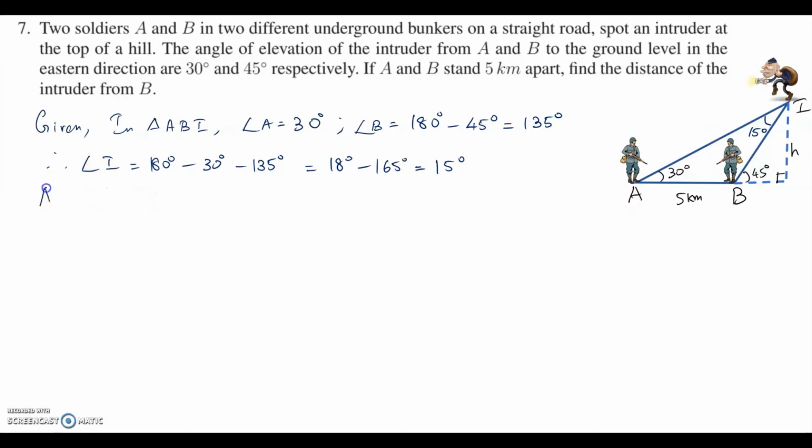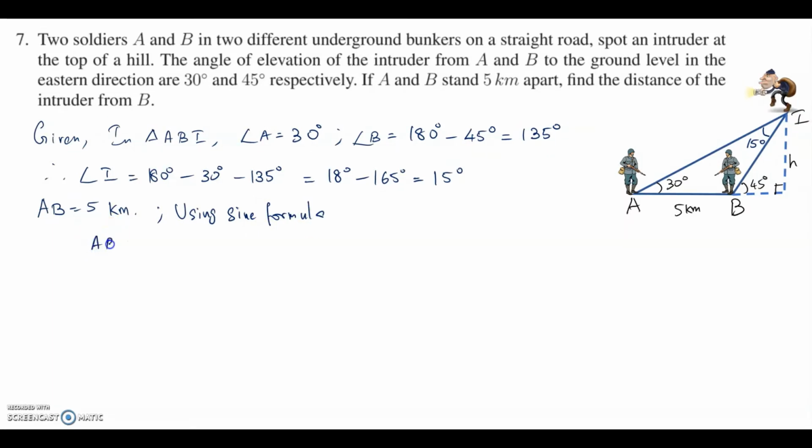What is given to us is the length AB is equal to 5 kilometers. Using the sine law or the sine formula, AB divided by sine I is equal to BI, the length BI, divided by the opposite angle, which is sine A. So let's apply the values.